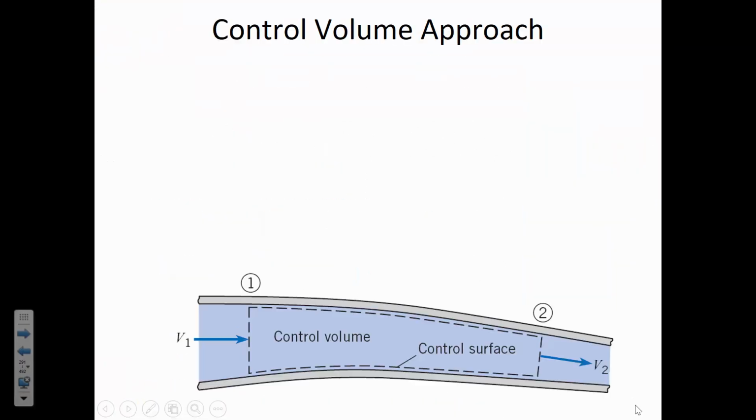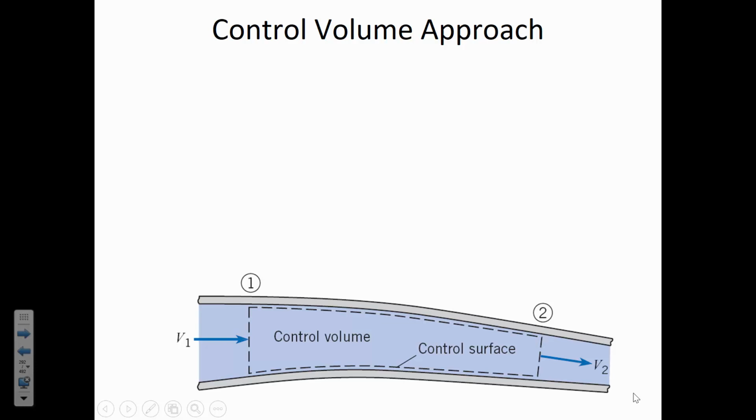Let's talk about some of the theory behind what's called the control volume approach. And the control volume approach is pretty important in a lot of applications related to fluid mechanics and environmental engineering, because it's the idea that you're keeping track of mass as it moves from place to place.